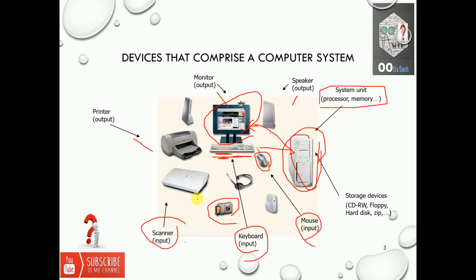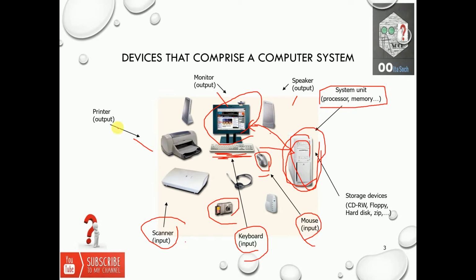Suppose more example, you are writing a letter and you need to print it. Whatever you will write, whatever you will format, you will do it through this keyboard and mouse. Then this will process it. So it will show here in the monitor and you will print here, right?